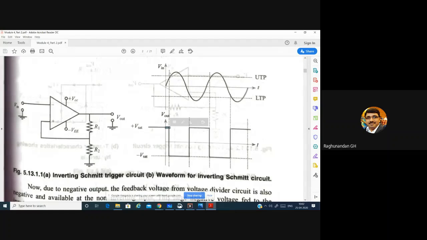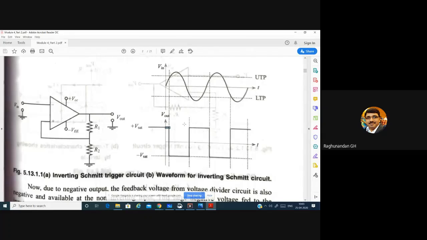Now whenever the input becomes greater than UTP, the output goes to negative saturation, minus V saturation. After that, the output changes again only when the input becomes lesser than the LTP. Once it is crossing this point, again it has to come back.